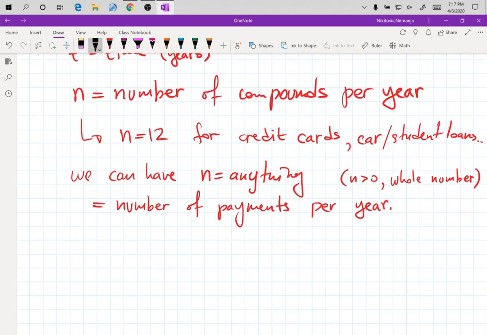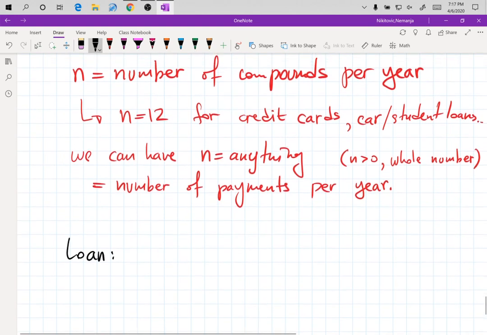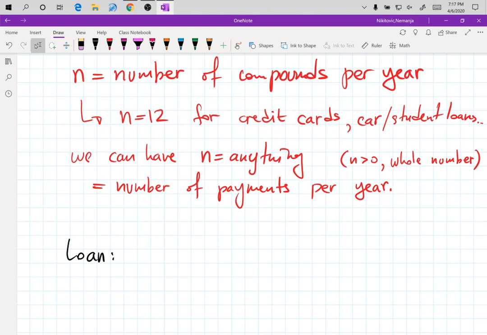So let's take a look at the situation with a loan. And then we'll kick in with E at the end. So loan. Let's say you're borrowing $6,000 for a car, which you don't have, at 4%, on 5 years.